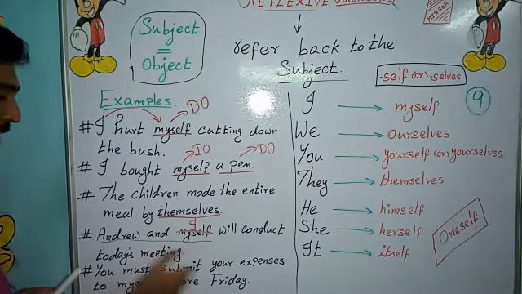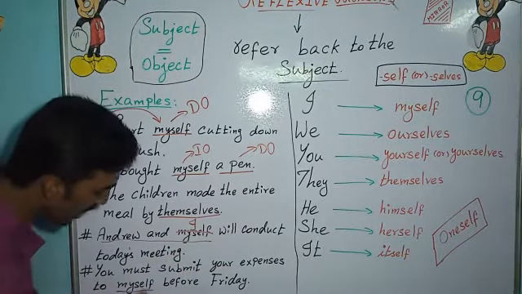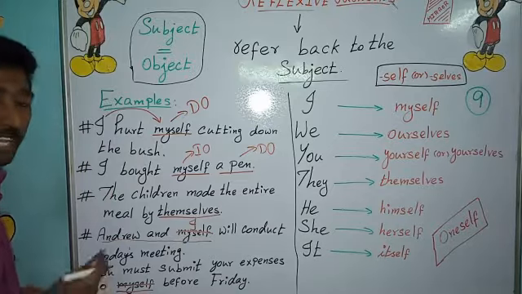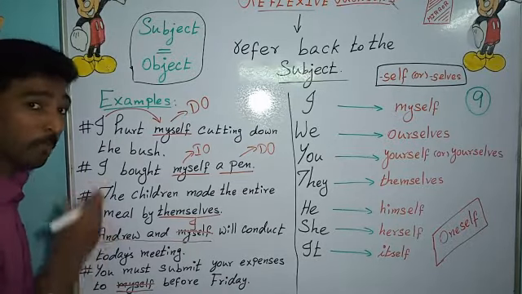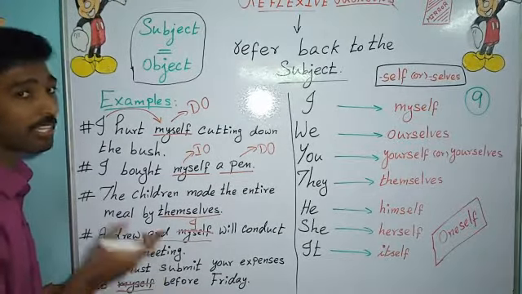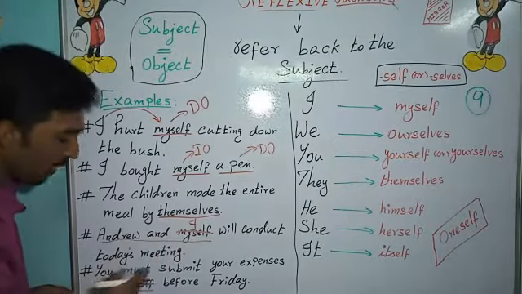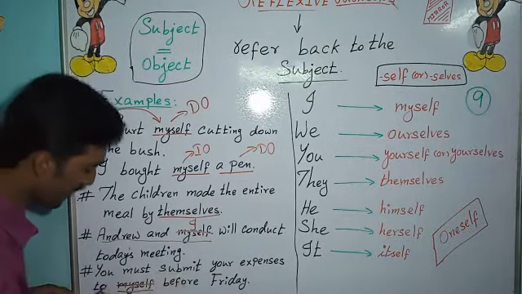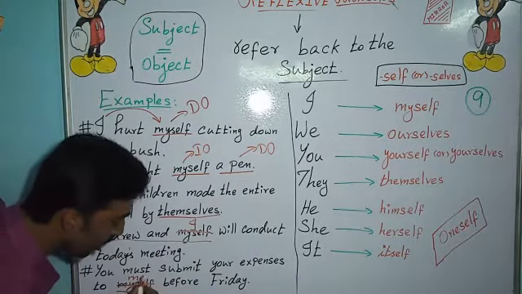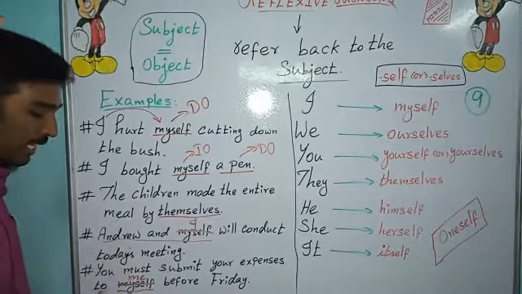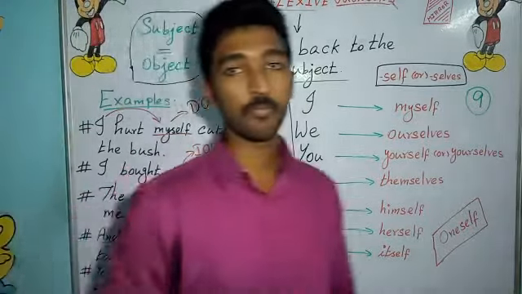This is wrong. Here we have to use the object pronoun, not the reflexive pronoun. You must submit your expenses to me, not myself, to me before Friday.